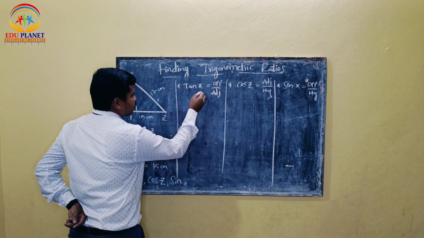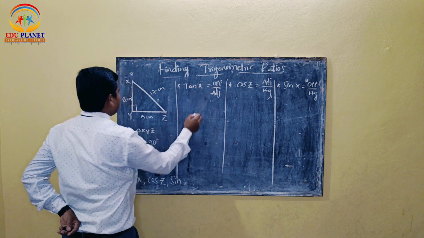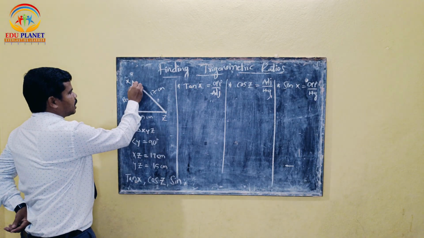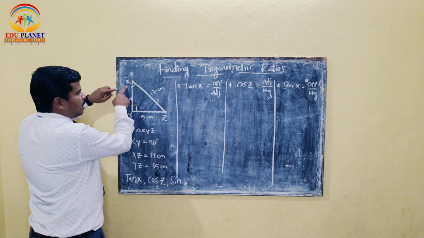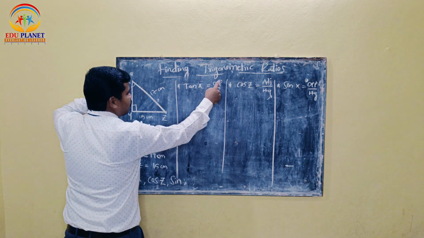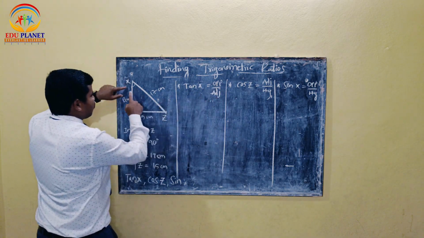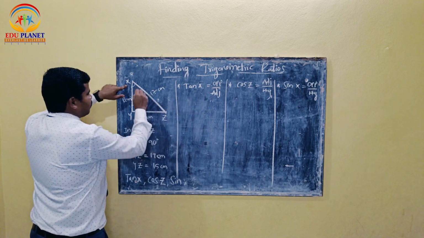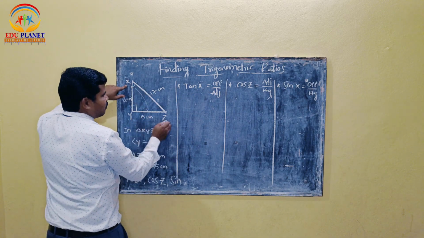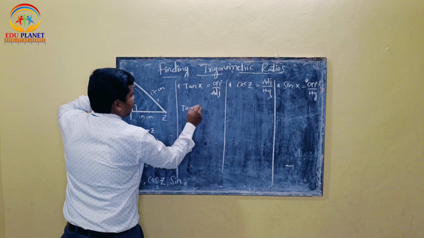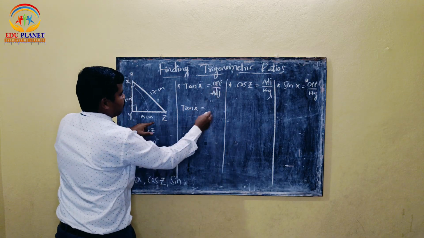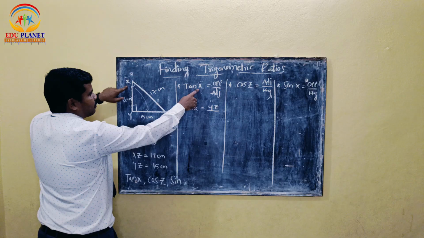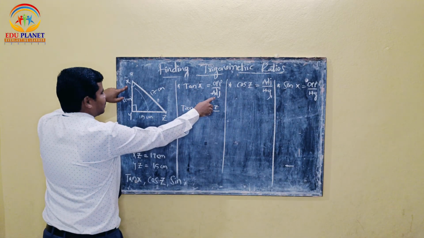Tan X. By considering X, where is X? Here at the top. By considering angle X, we have to go with these two sides. For angle X, what is the opposite side? The opposite is YZ. So tan X equals opposite side, YZ. Next, for angle X, what is the adjacent?